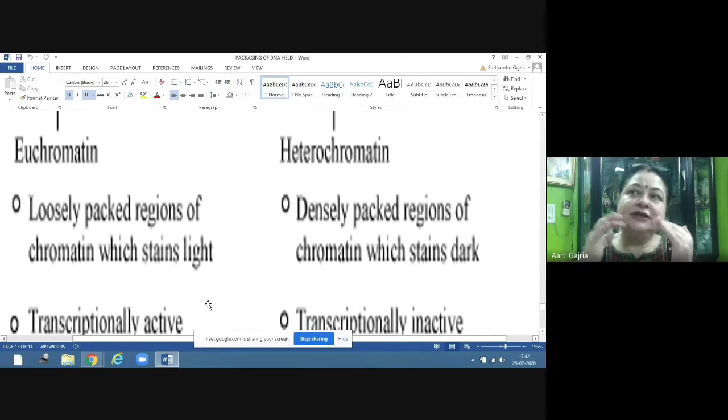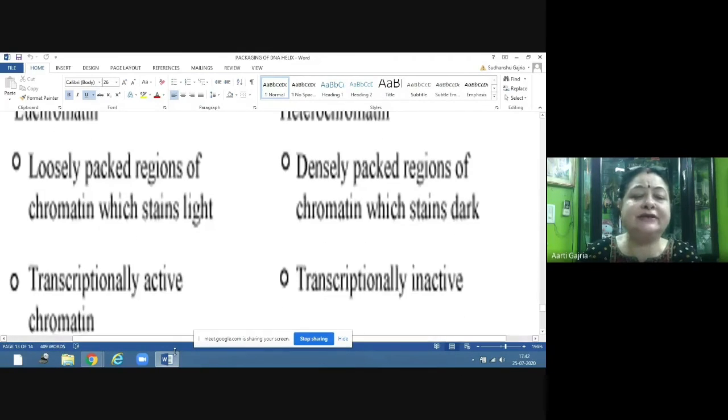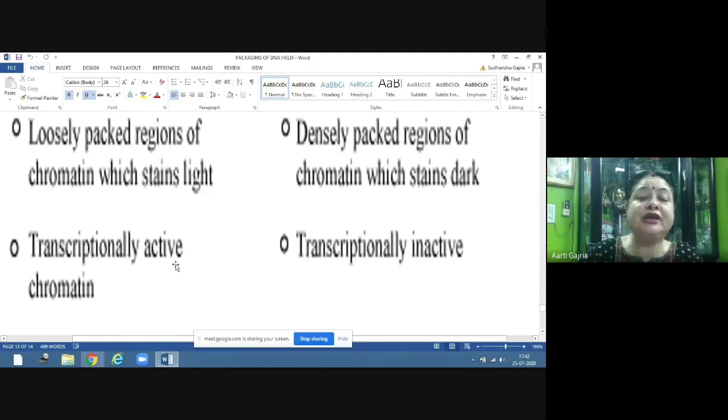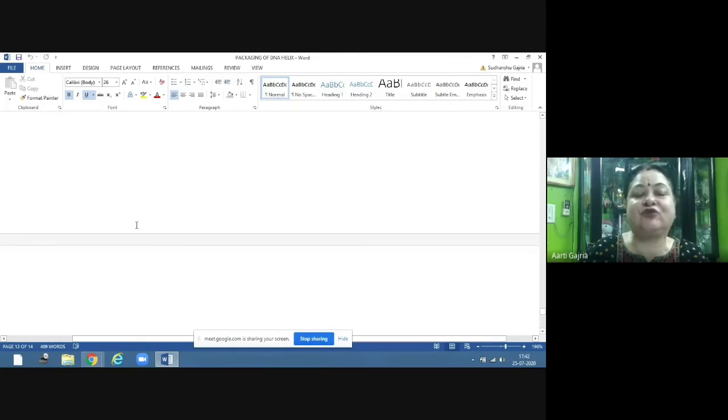That means the chromatin taking very less stain is euchromatin, and it is transcriptionally active. Active means it is going to be transcribed into messenger RNA.